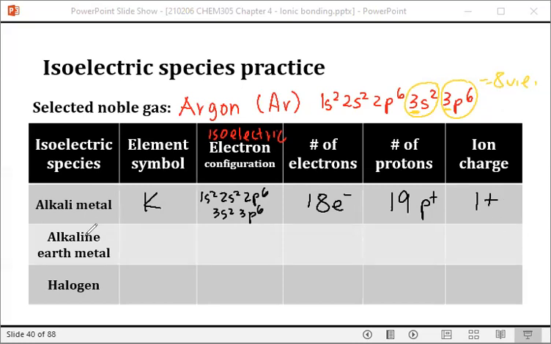Now, if we look for the closest alkaline earth metal, alkaline earth metals are found in column 2A of the periodic table. So our closest alkaline earth metal is going to be calcium. It's 2 boxes in the periodic table ahead of argon.